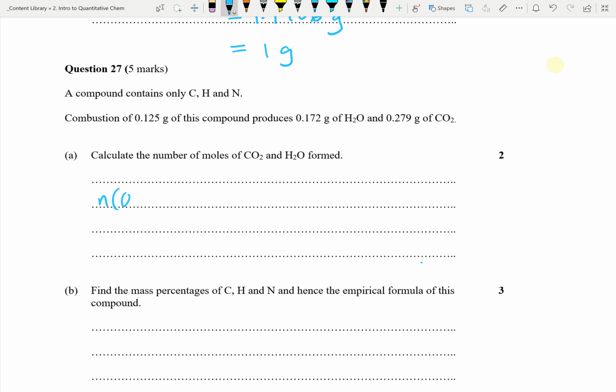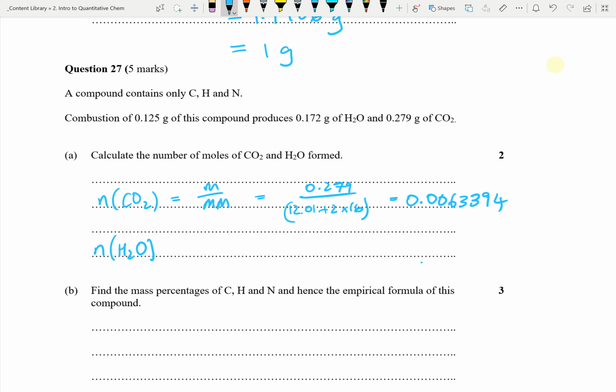Moles of CO2 equals mass on molar mass equals 0.279 on 12.01 plus 2 times 16, which is 0.279 divided by 12.01 plus 32. I get 0.00633394. That's enough decimal places.